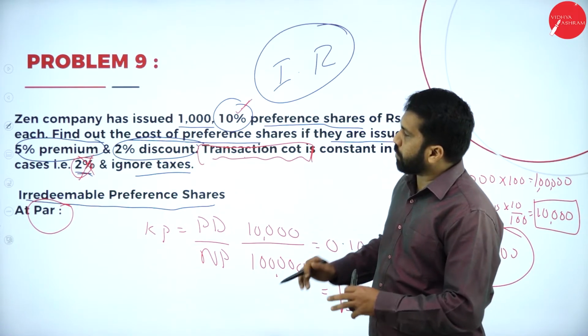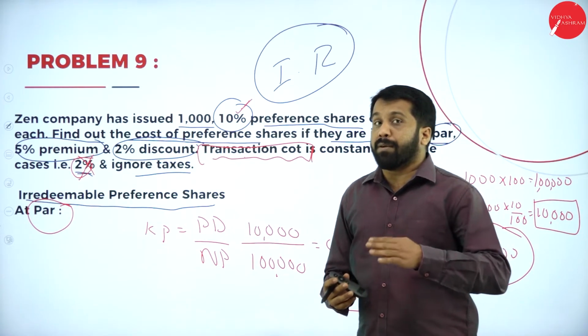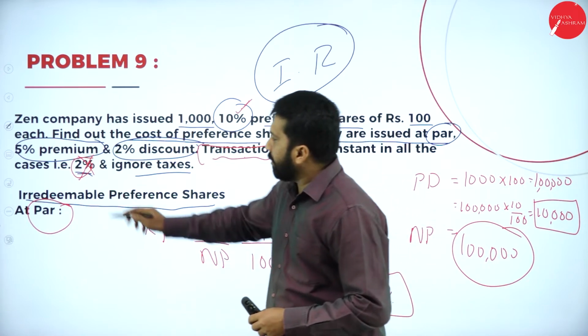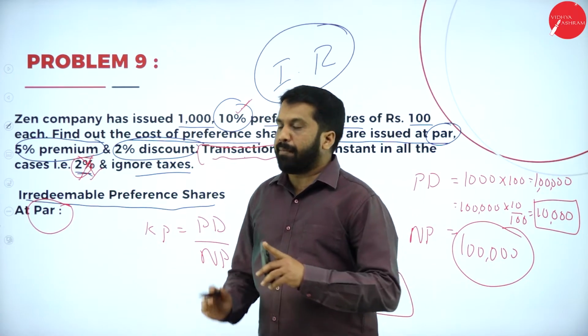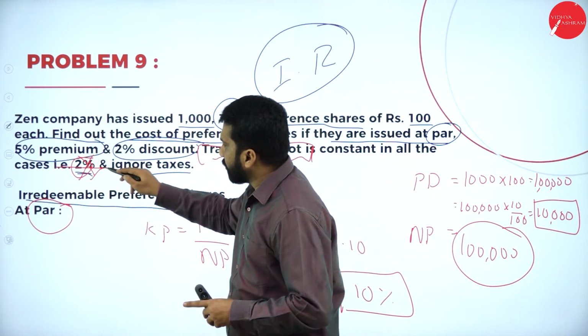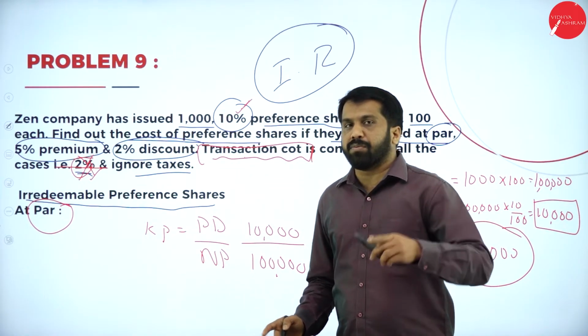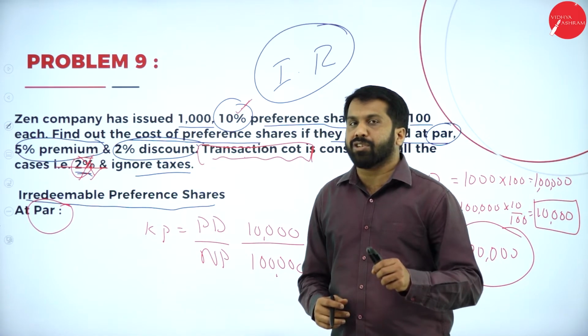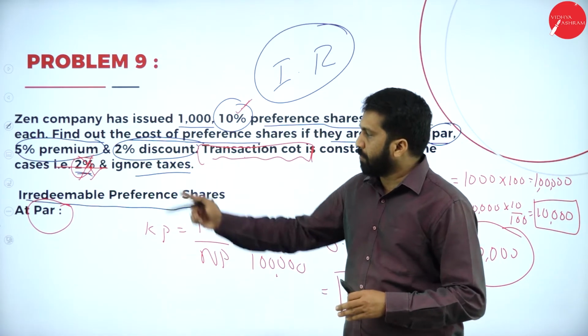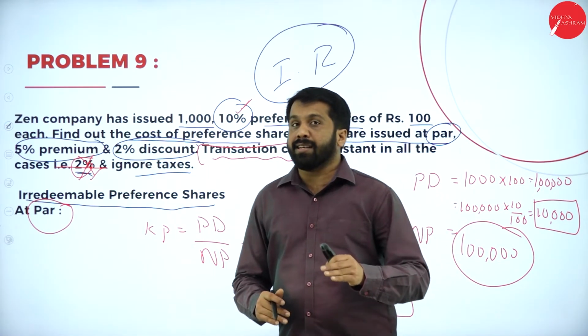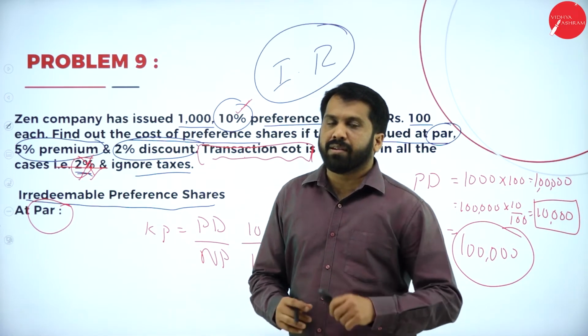In a basic problem, we will not go with the transaction cost and all. From the next session, I'll go for this. Remember, I am removing this transaction cost. From the next problem, we will work out transaction cost, in the advanced problem. Now you are learning. In the basic problem, we don't want transaction cost.